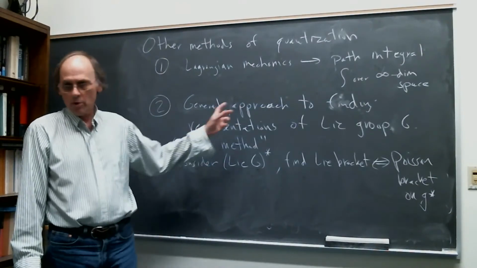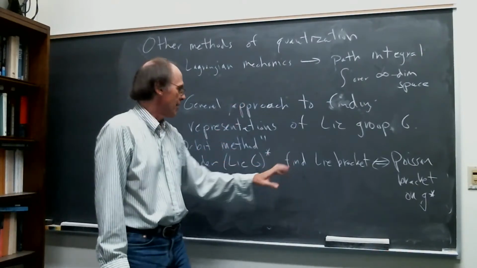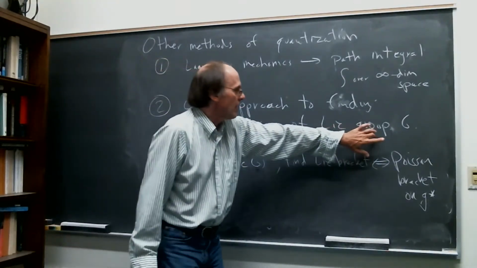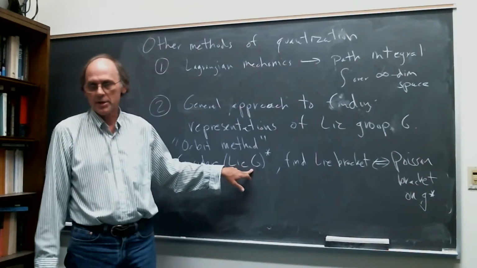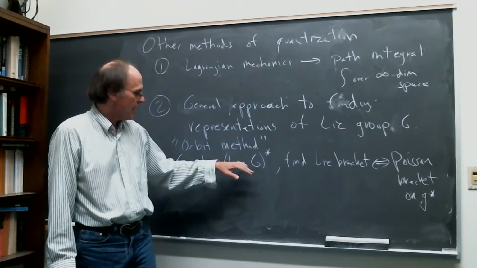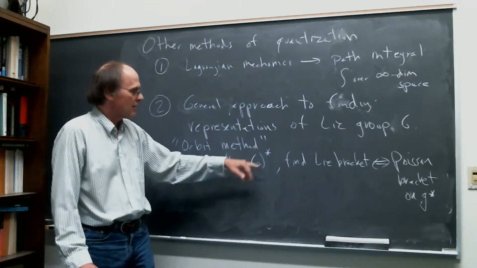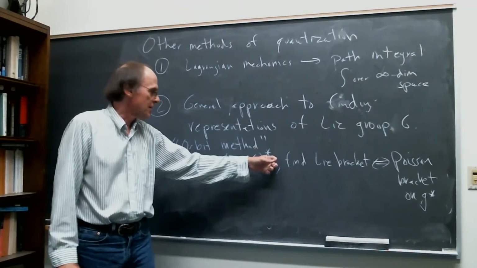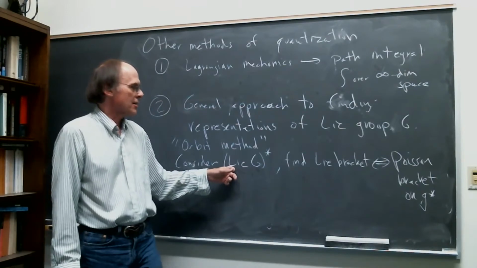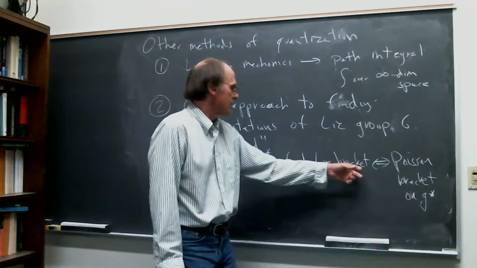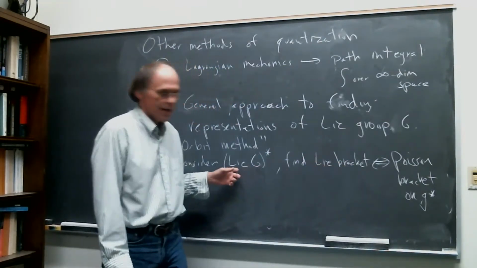So the orbit method is based on the idea that, if we're going to think about Lie groups, then we should really think about their Lie algebras. And instead of thinking about the Lie algebra, we should think about its dual space, it turns out. Because if you ask, what is the information that the Lie bracket on Lie G gives you?